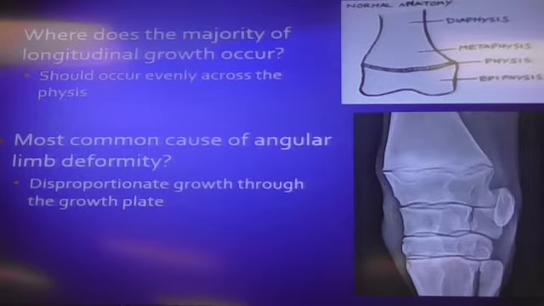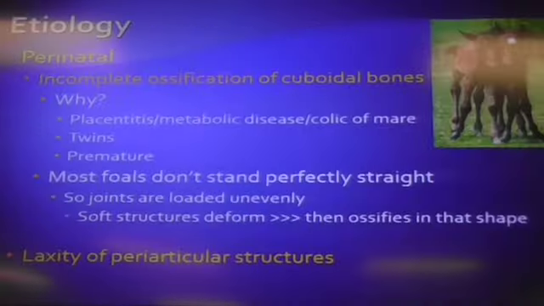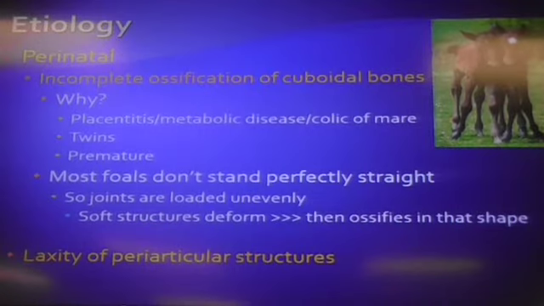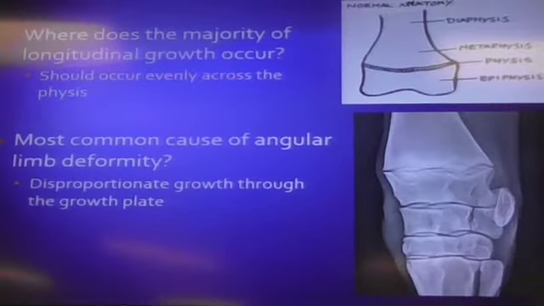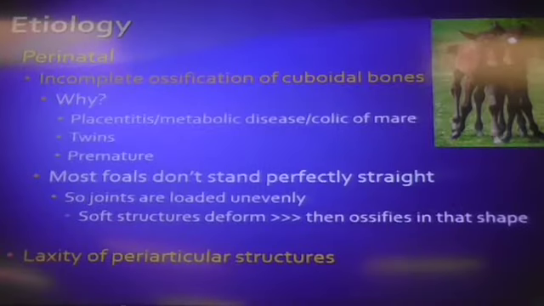One side is usually more affected than the other, and the inflammation slows down the growth while the other side is still growing, so it creates that abnormal amount of growth. So this is the main reason. Let's talk about other reasons.